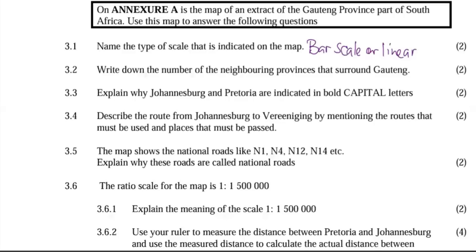So here we shall say 5 provinces. Then explain why Johannesburg and Pretoria are... we say these are major cities.